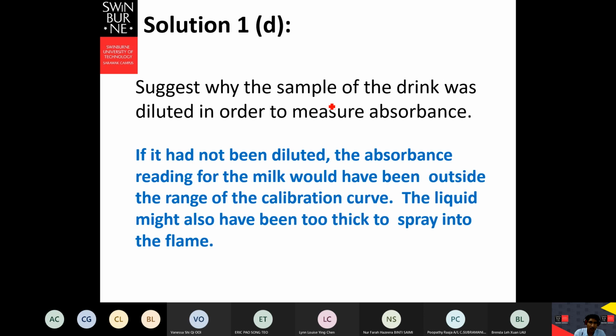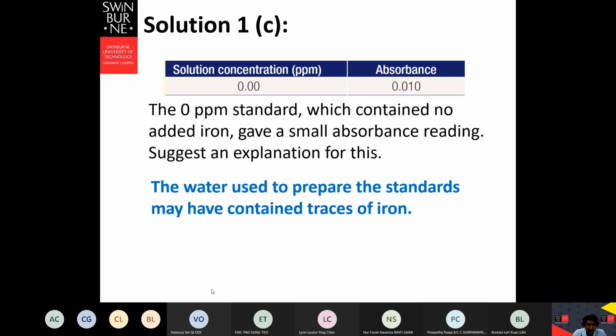Suggest why the sample of the drink was diluted in order to measure absorbance. Why was the milk diluted? It was diluted because it has to be within the range of the calibration. We took 1, 2, 3, 4, 5 ppm standards, right?